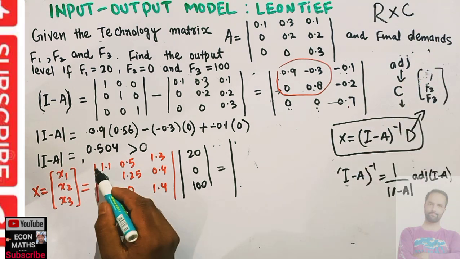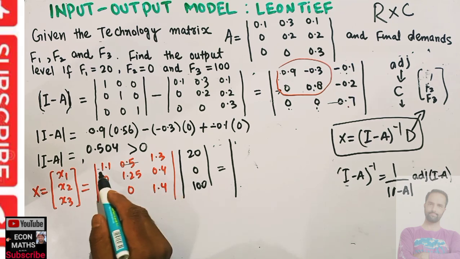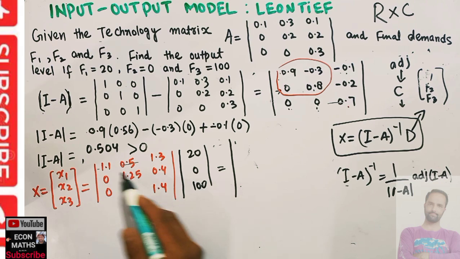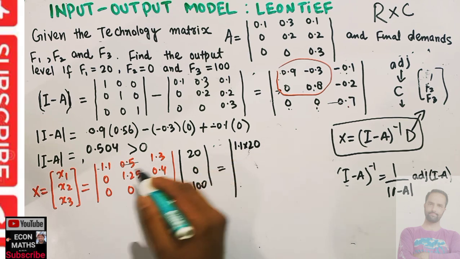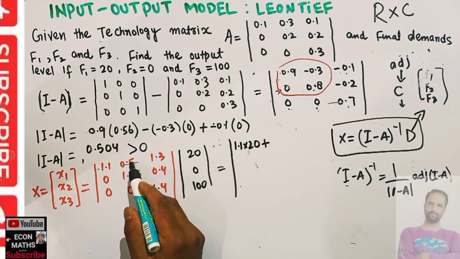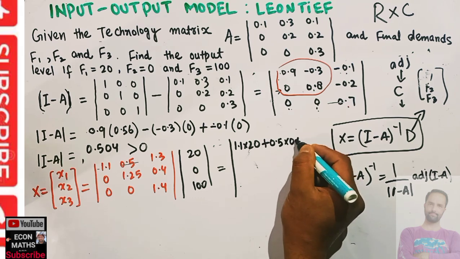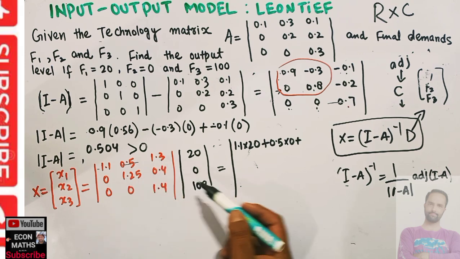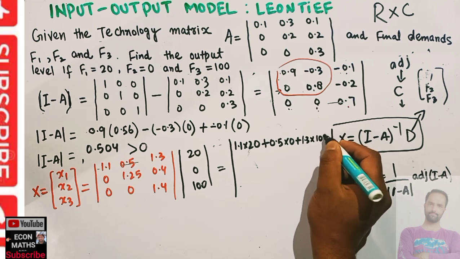Multiplying a particular row with its column gives us the matrix multiplication. So we multiply each element of this row with each element of this column. So we have 1.1 into 20, plus 0.5 into 0, plus 1.3 into 100.